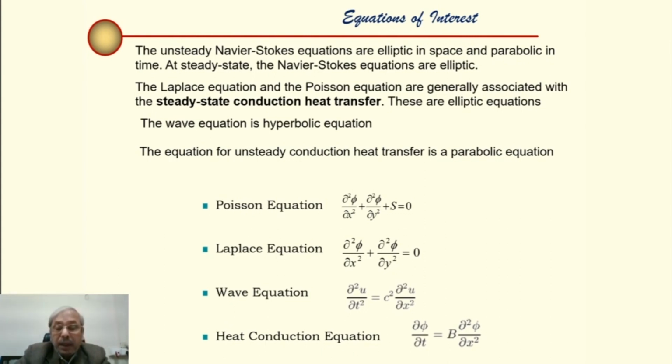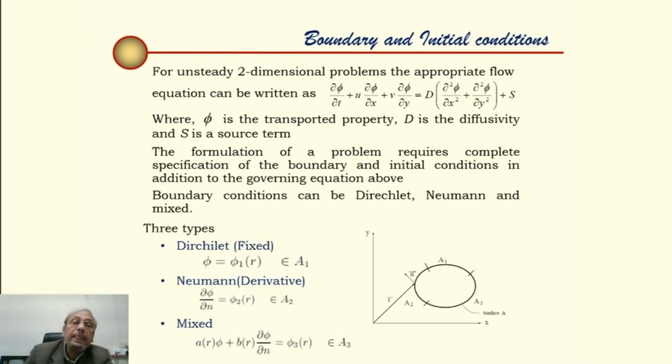And the unsteady state heat conduction equation is ∂φ/∂t = b ∂²φ/∂x². If φ is temperature and b is thermal diffusivity, then this is the unsteady state heat conduction equation.